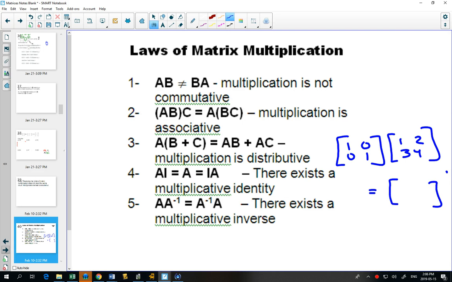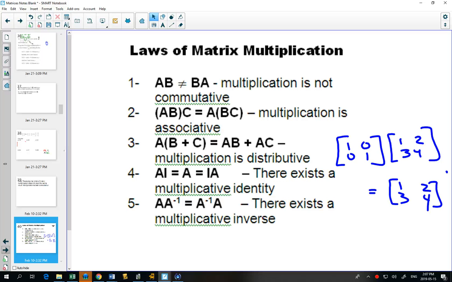Look what happens. Row 1, column 1, you just get the 1. Row 1, column 2, you just get the 2. Row 2, column 1, you would just get the 3. Row 2, column 2, you just get the 4. So we have something called an identity matrix, which acts like multiplying by 1.